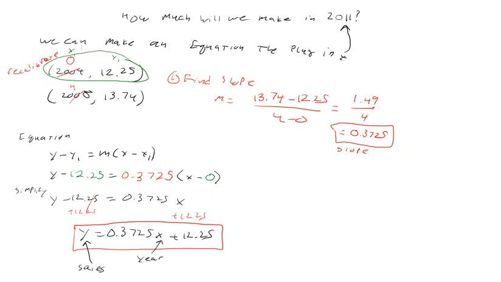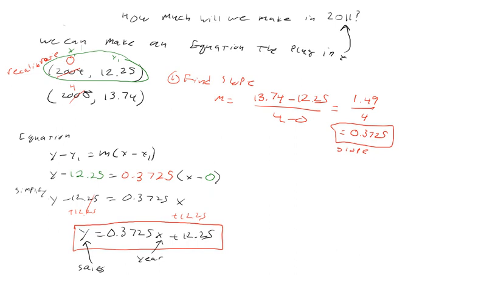Should I put 2011 into x here? Not since we recalibrated. Remember, I made 2004 zero and 2008 four. So if 2004 counts as 0, then counting up to 2011 gives 7. So 2011 becomes a 7.